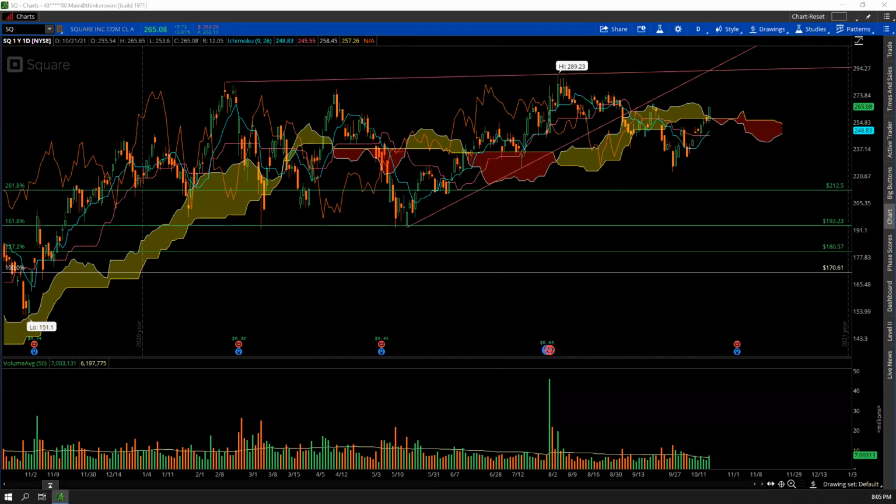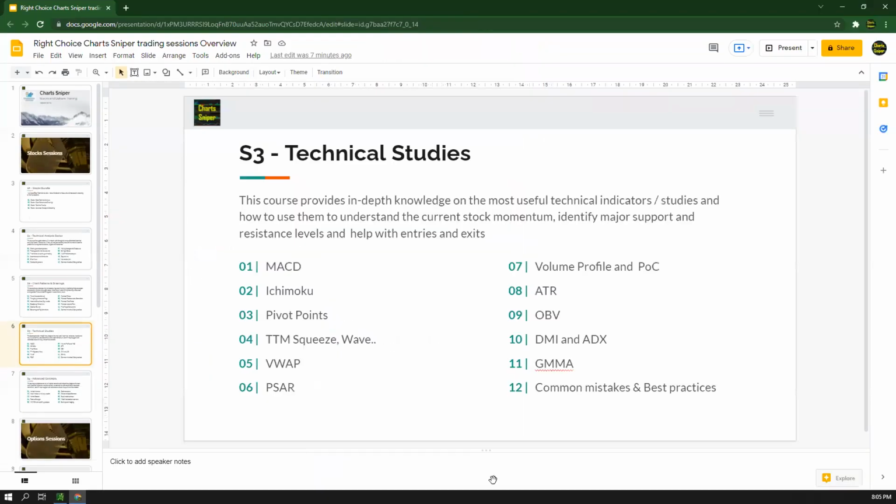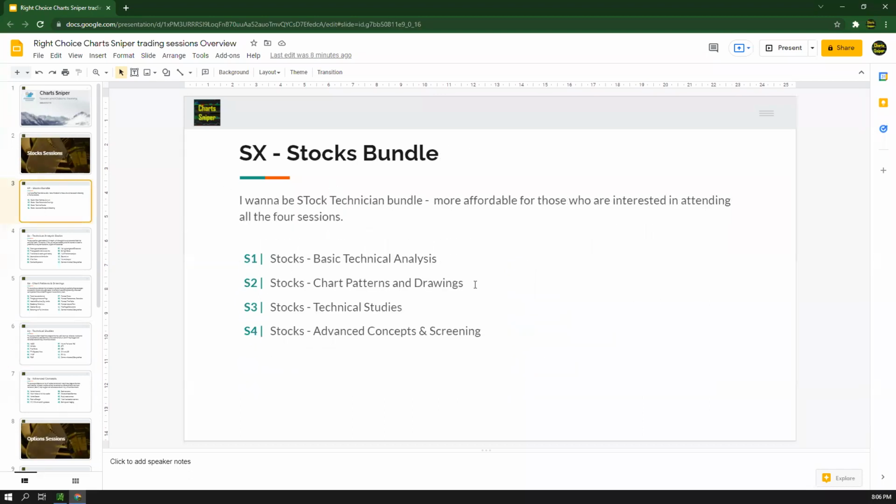Let me start again. So what I was showing you guys was that this Ichimoku that we are discussing today is part of a course which is 4 parts.